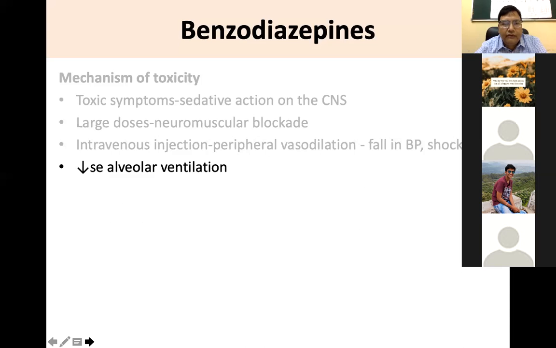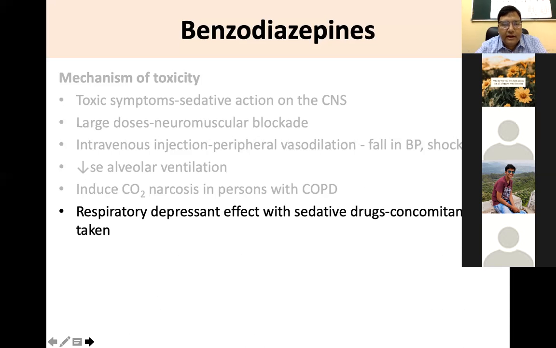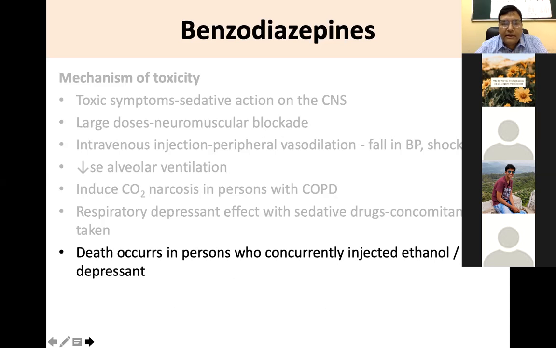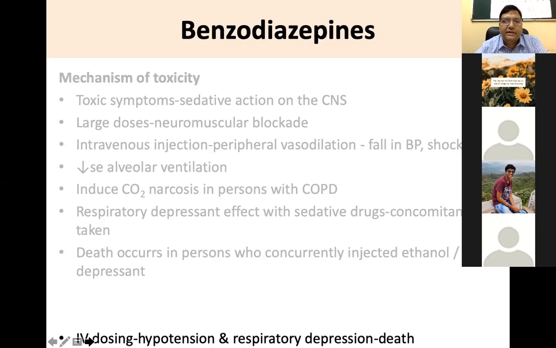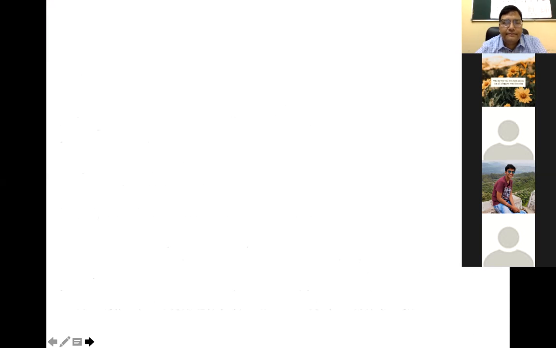They decrease alveolar ventilation, induce carbon dioxide narcosis in patients with chronic obstructive pulmonary disease, and cause respiratory depressant effect with sedative drugs when given concomitantly. Death occurs in patients who are concurrently injected with ethanol or CNS depressants. IV dosing leads to hypotension and respiratory depression. This further leads to death of the patient.